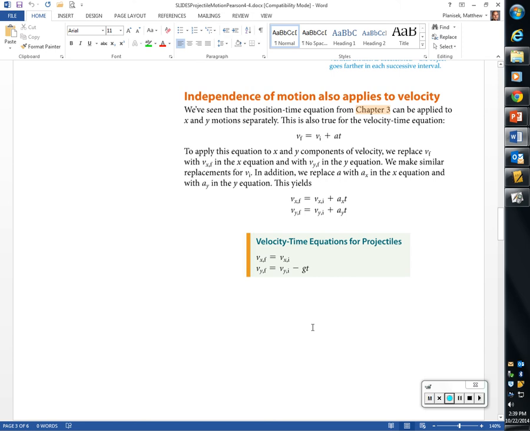Meaning, what's true about the horizontal velocity? It's not accelerating. Not that the velocity is 0, the acceleration is 0. What would we say about the horizontal velocity? It's constant, right?